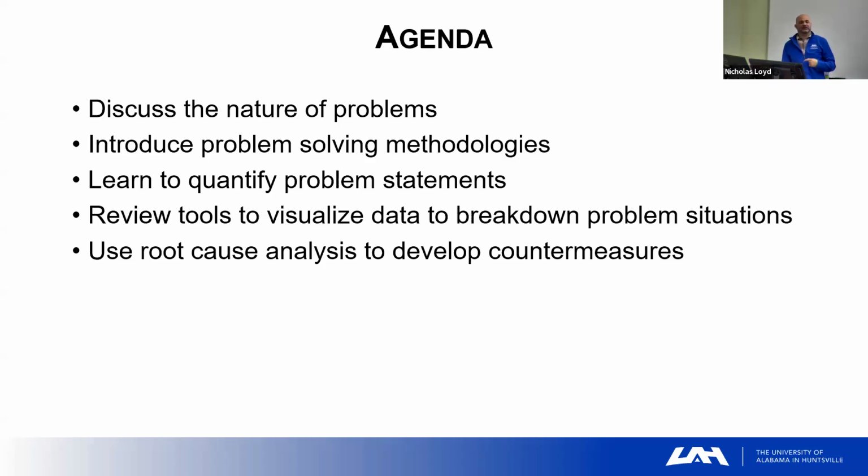But as we're executing our work at the process level, which is the daily and weekly things that we do, there's problem solving that keeps that going. I added this in about 2 years ago, and I've added some more to it because I used to cover it in another class that I don't teach anymore, but I still think it's important because it closes the loop on everything from strategy all the way down to day-to-day process management.